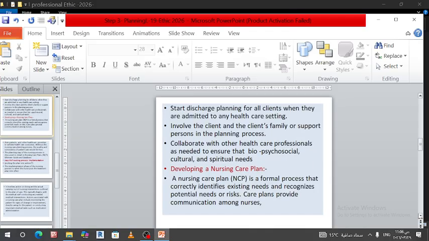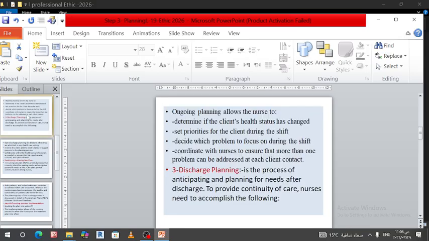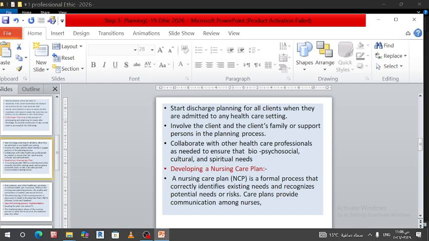So discharge planning starts with all clients admitted to any healthcare setting. It also involves the client and the client's family in the planning process.